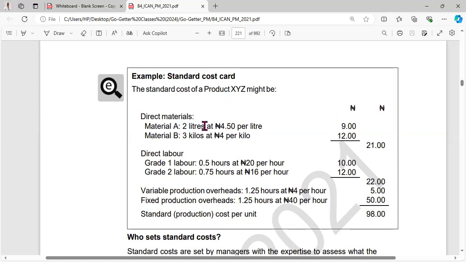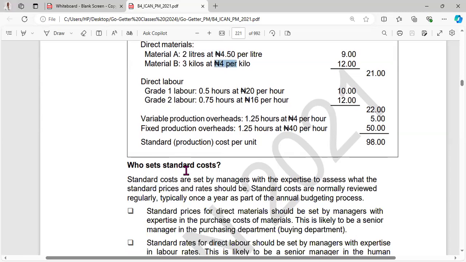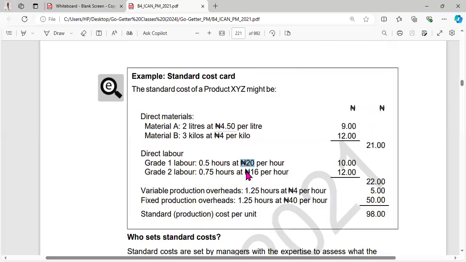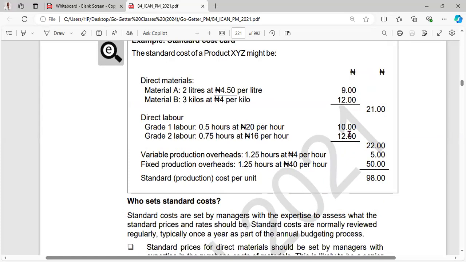But the purchasing manager gives this, right? Now, the standard rates for direct labor is set by the human resource department. So this particular 20 naira and this 16 naira is usually set by the human resource department. So the production manager will just simply multiply by the number of hours required to get the final one for the loaf of bread.